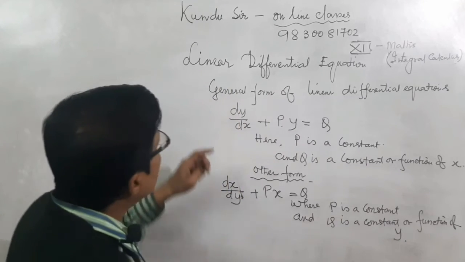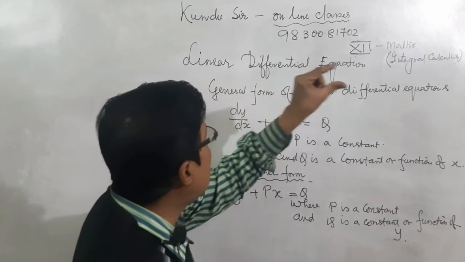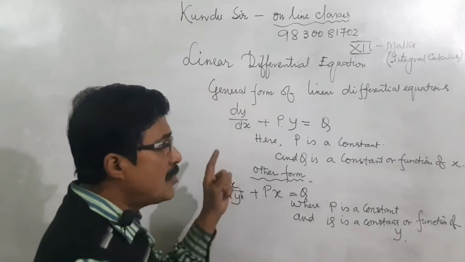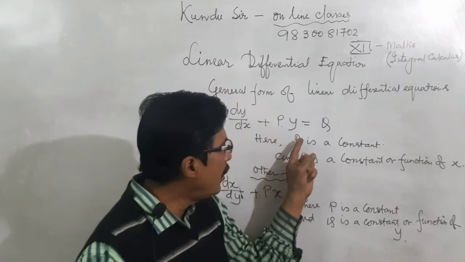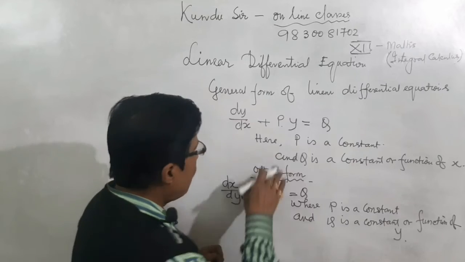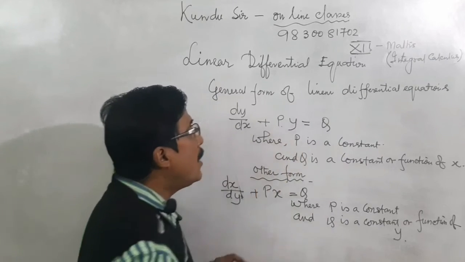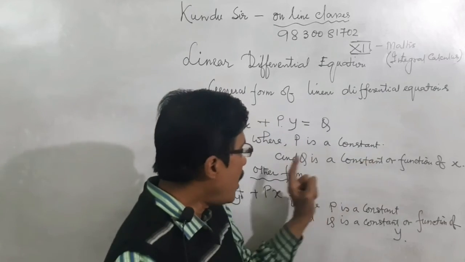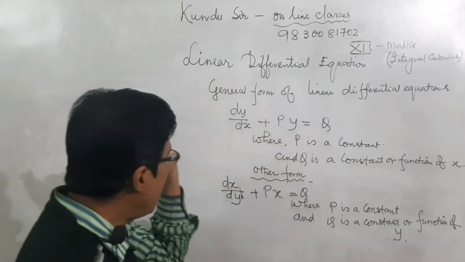So, the general form of the differential equation is dy/dx plus p into y equal to q, where p is a constant and q is a constant or function of x.